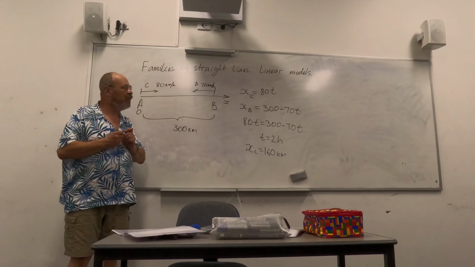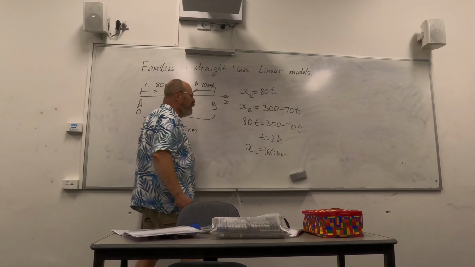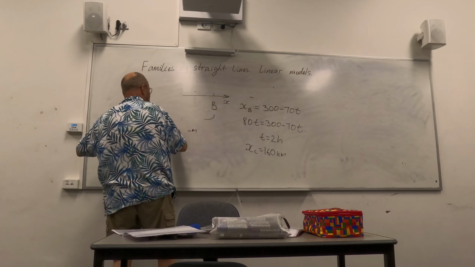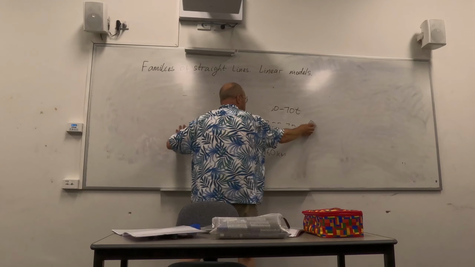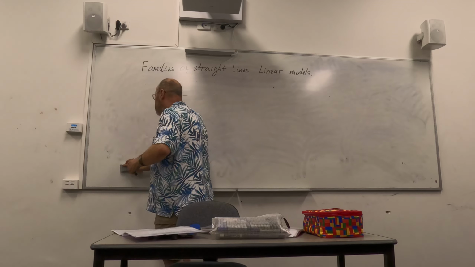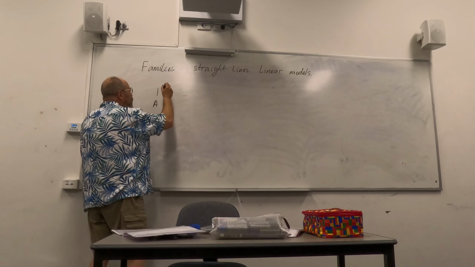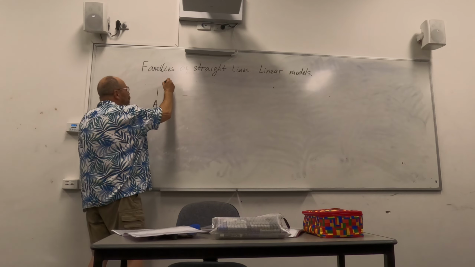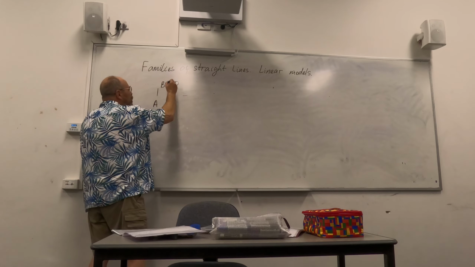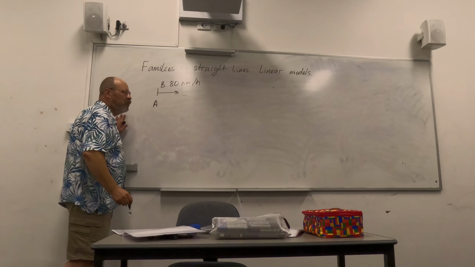Now, another question on the motion. If we have two, again a car and a bus, starting from town A, and the bus is moving with a speed, let's say 80 kilometers per hour, that way.